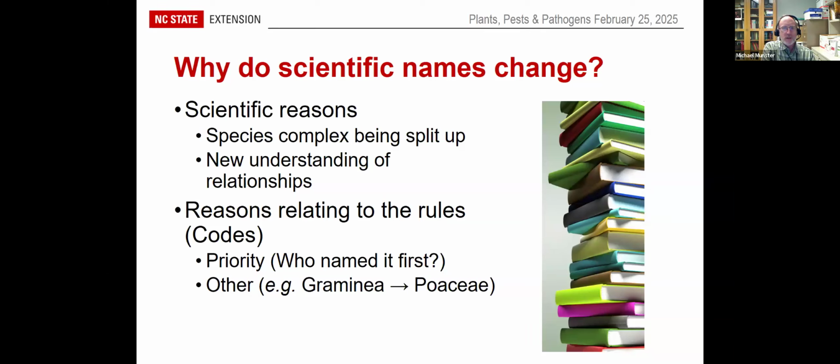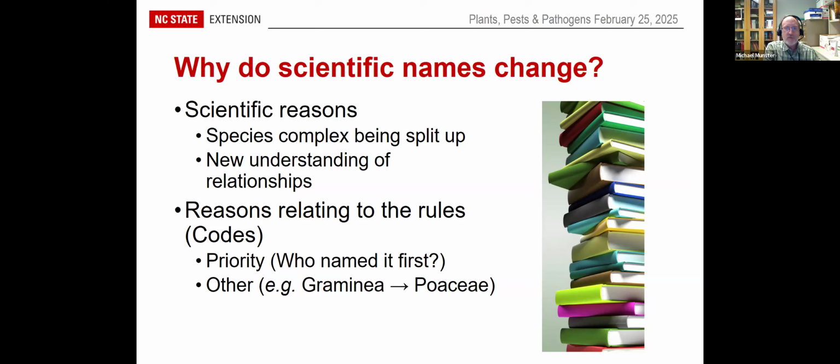There are also reasons based on the rules. So priority is very important. Who validly published a name first? That will decide what the correct name is, or at least is part of the rules that determine that. There are other things that happen, like for folks who've been around, we remember the grass family once called Gramineae, and the brassicas once called Cruciferae.